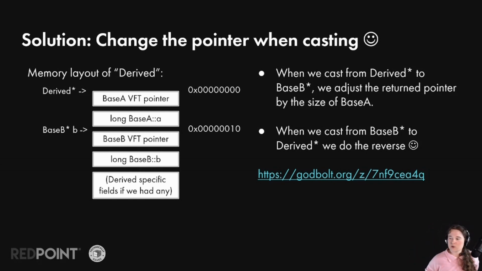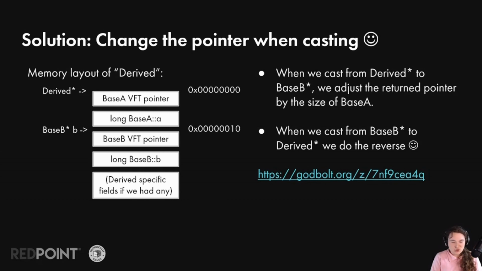What this means is that the code that then uses B accesses the virtual function table at the 0th offset, or accesses the fields with, in this case, an offset of 8 bytes, and it all just works, because from the perspective of the code that's using B, it is just a pointer to a base B.